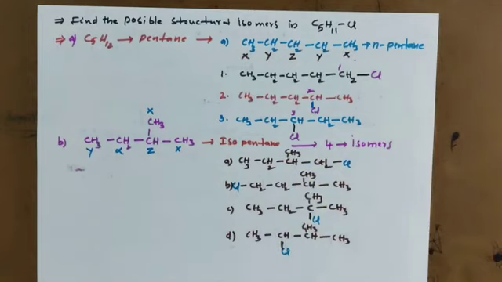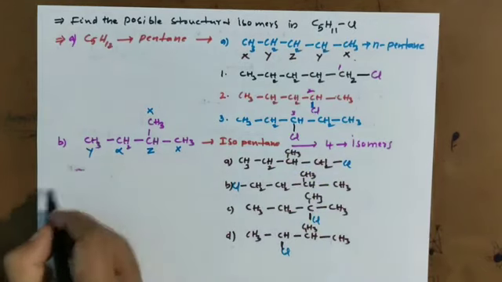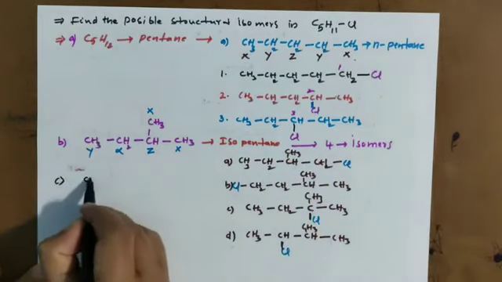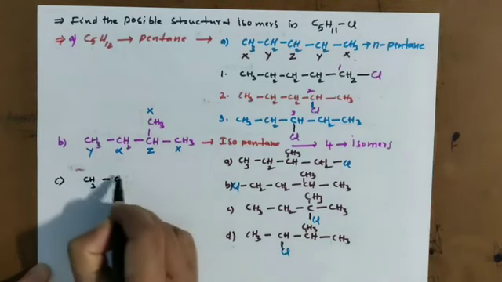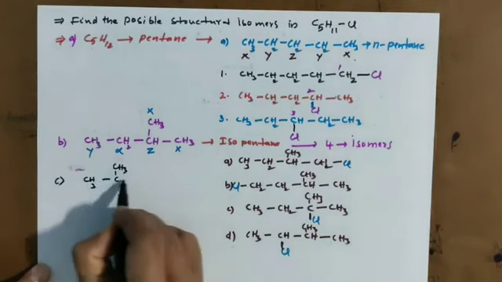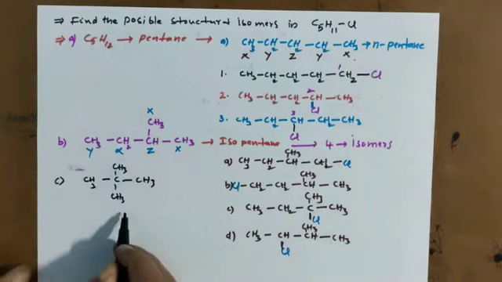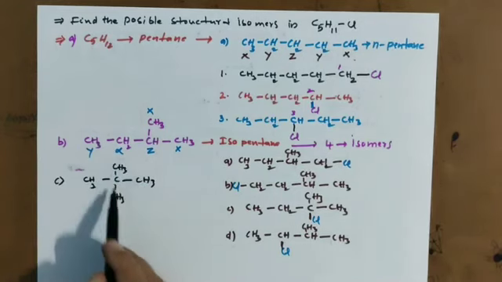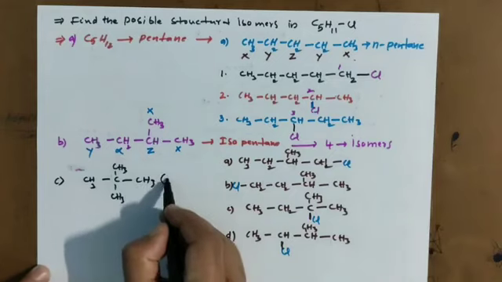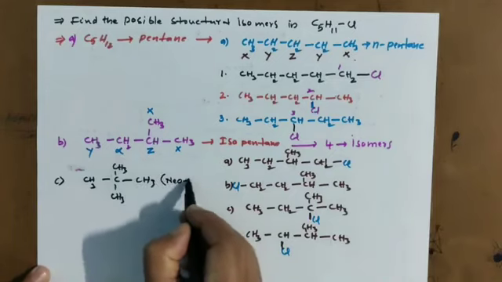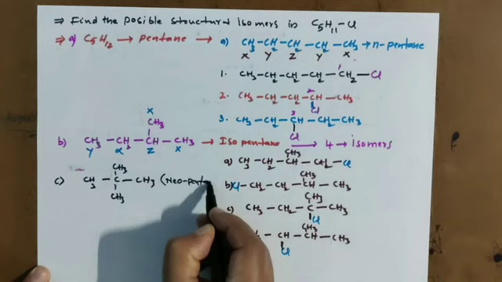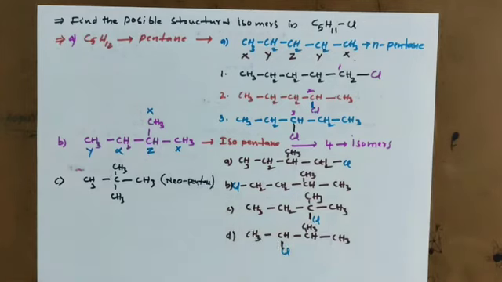And the third one we have here is neopentane. CH3, C, CH3, bond CH3, bond CH3. This is neopentane. Why? Because this carbon is bonded with 4. 4 means what we are calling? Neopentane.